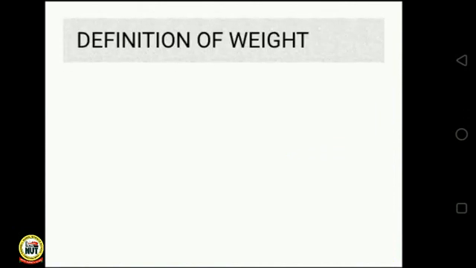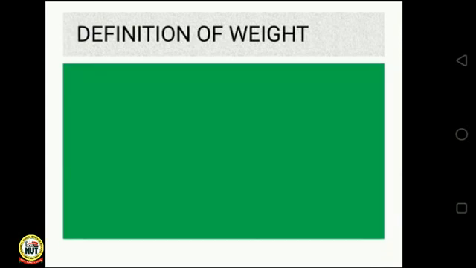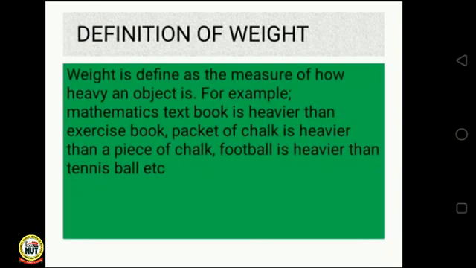Now, what is weight? Weight is defined as the measure of how heavy an object is. How heavy an object is, is the weight of that object.